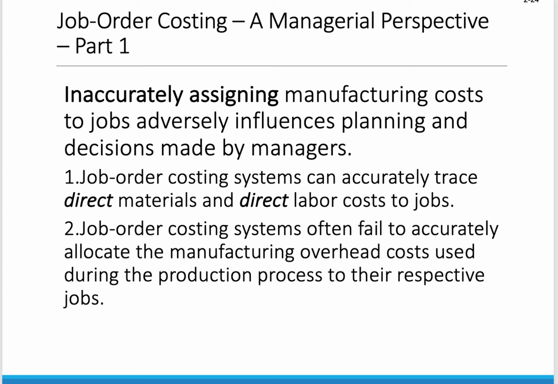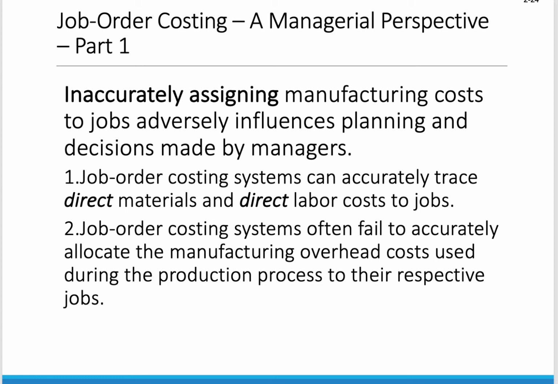Well, number one, we could possibly incorrectly classify costs as being direct or indirect when they're not. So we need to first understand direct and indirect costs and their traceability.